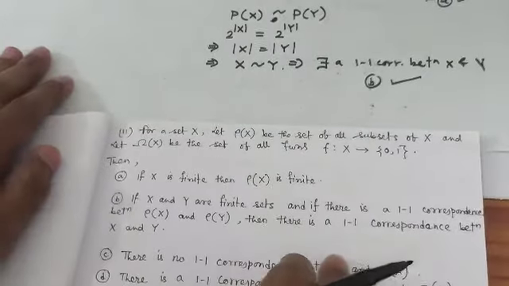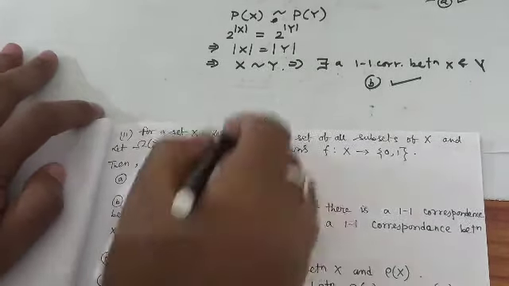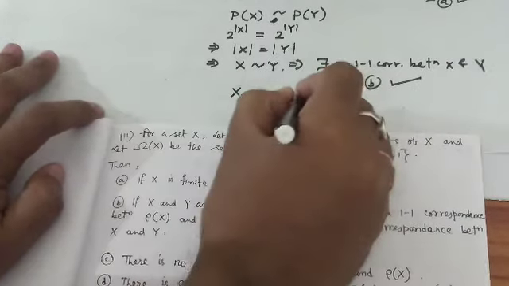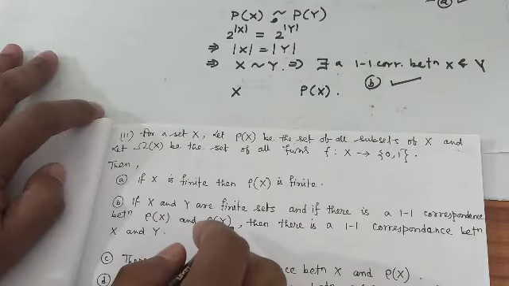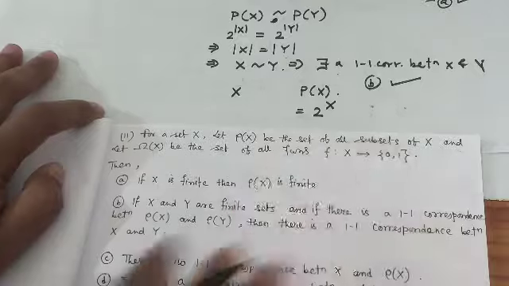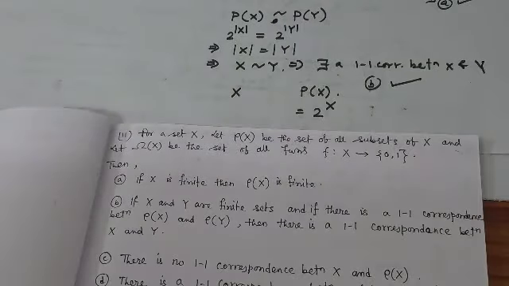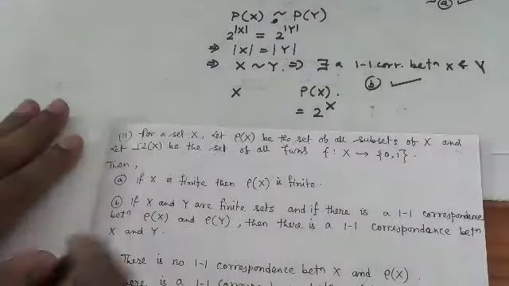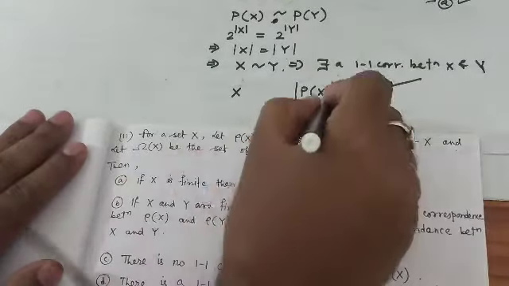Alright. There is no 1-1 correspondence between X and P(X). Because P(X) has 2 to the power |X| number of elements, and that is the cardinality of P(X).